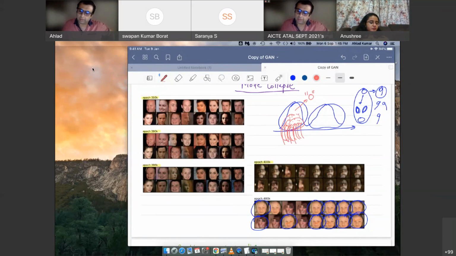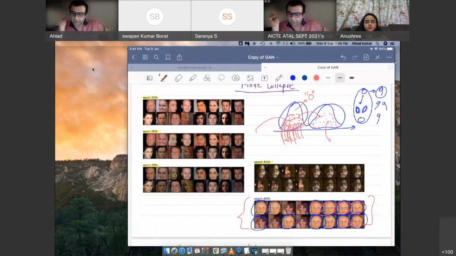And there is no way it will go into the valley where you have samples of nines, or maybe the other way around, it will get stuck there and generate multiple nines. So this type of problem happens, where you have the same images coming again and again because it is stuck in one of the valleys of the multimodal distribution.